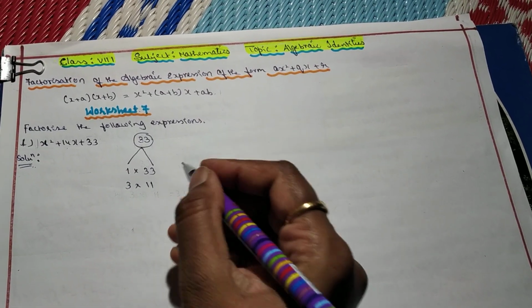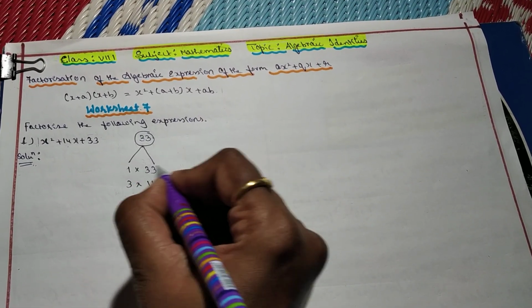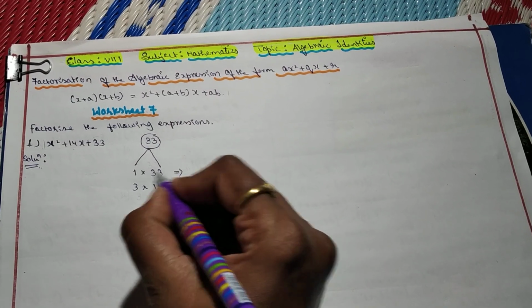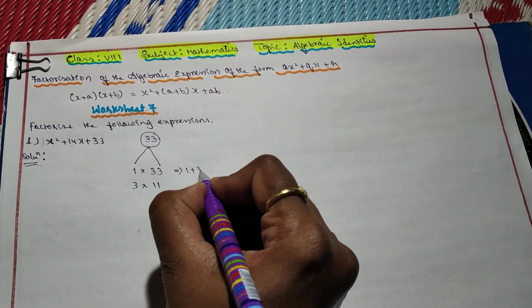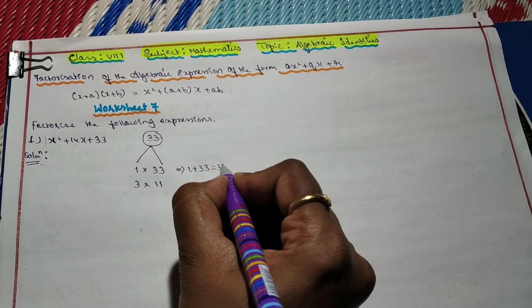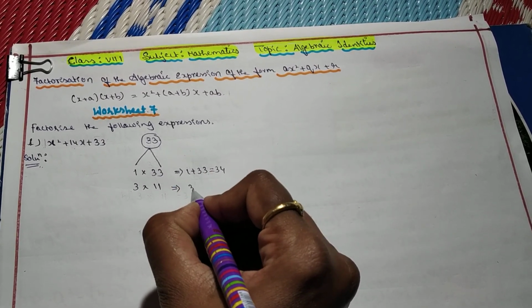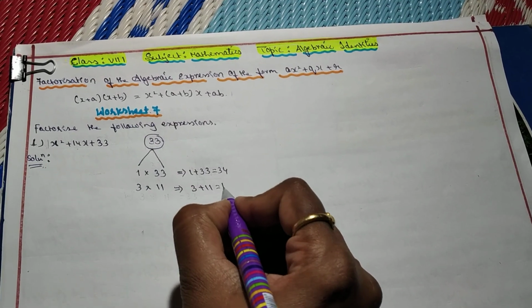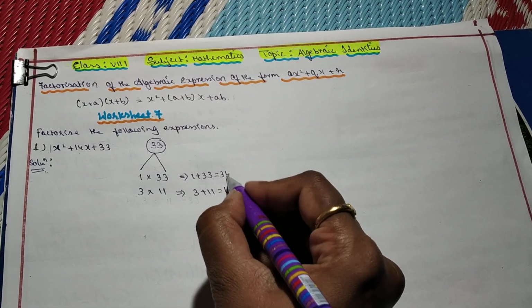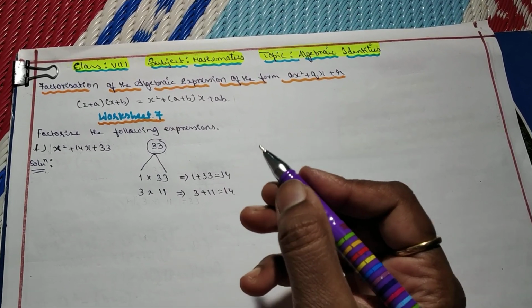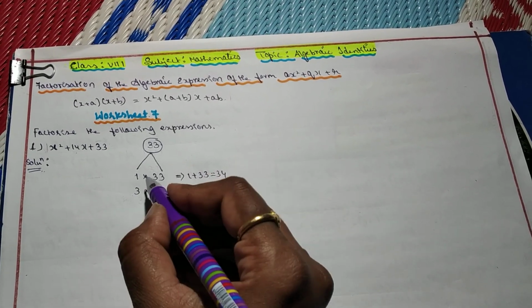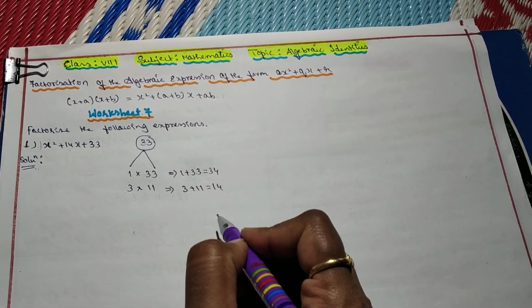The third step is, if I sum up the products which I get, that is 1 plus 33, I get 34. And the second is 11 plus 3, or 3 plus 11, is 14. Now we get these two answers, right? So the third step is choosing the pair which satisfies the expression.